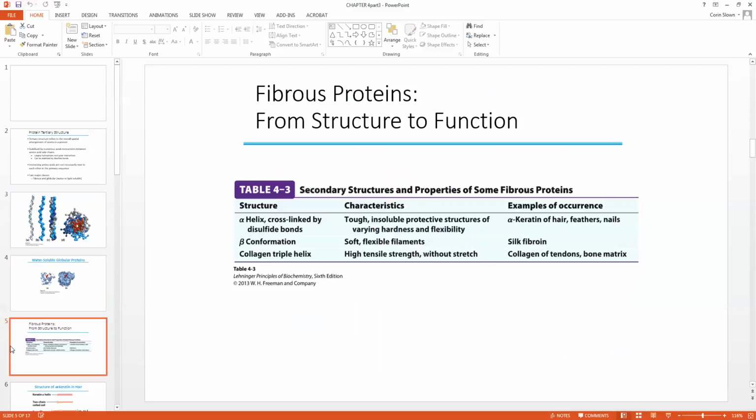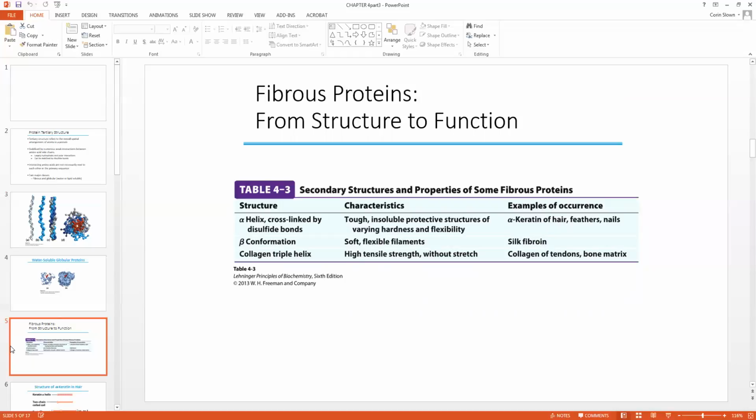If we're talking about fibrous proteins, then we're looking at alpha helix, typically cross-linked by disulfide bonds. We're going to see some form of beta conformation, and the collagen triple helix. These are examples of the structure. Then if I think about the characteristics, if it's alpha helix, it's going to be tough, insoluble, with varying hardness or flexibility, as opposed to a beta conformation, which is soft and more flexible.